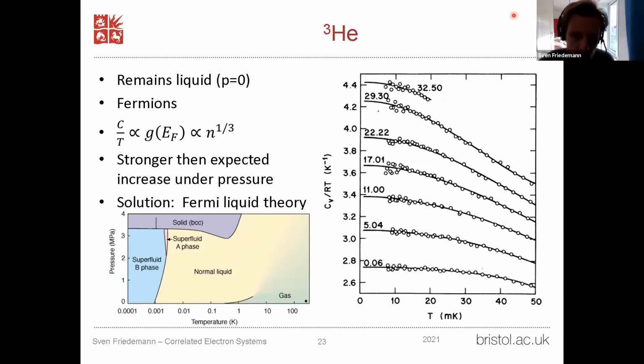The atomic shell, of course, has 2 electrons, so the electronic shell has a fully occupied shell with no net spin. But the nucleus, of course, has a net spin of 1/2, and that makes it a fermion, and that's exactly why Fermi liquid theory is relevant to understand helium-3. That's probably also where the liquid really originates from.